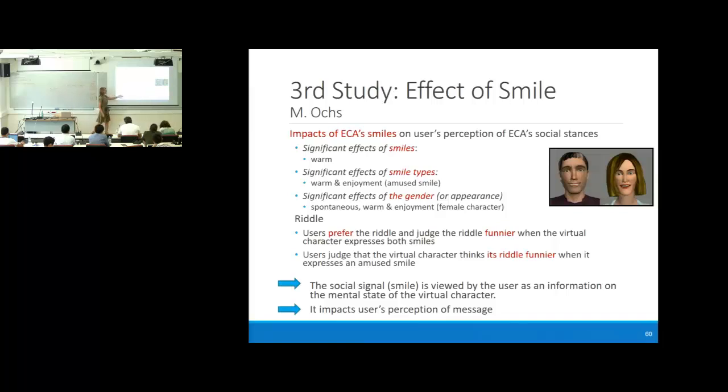So the social signal of smile is used by users as information on how to interpret the mental state of the virtual agent. And it also impacts the perception the user has of the message.